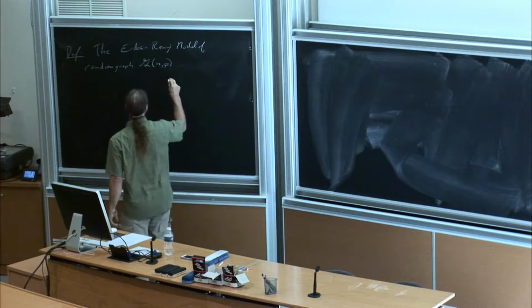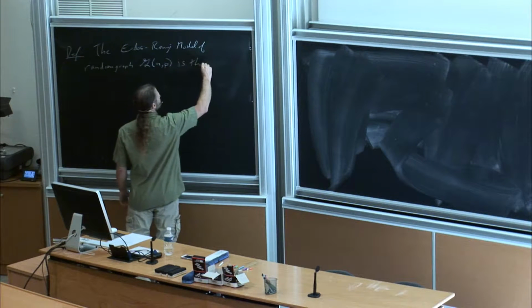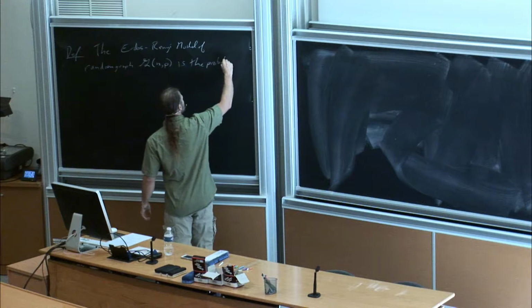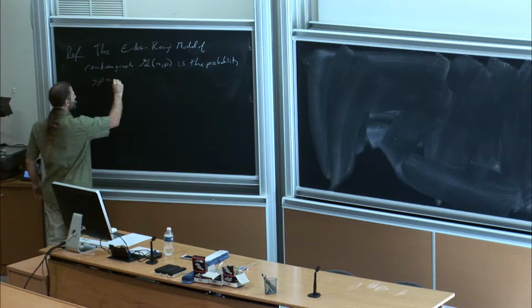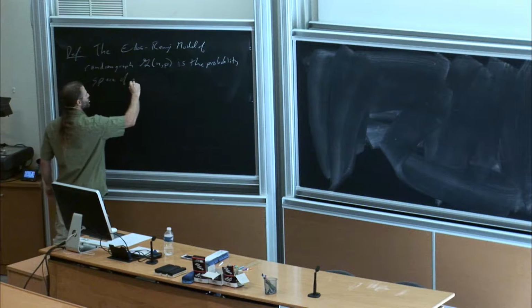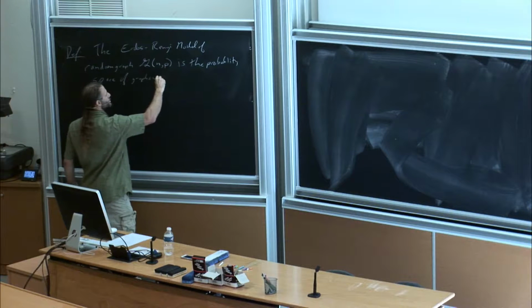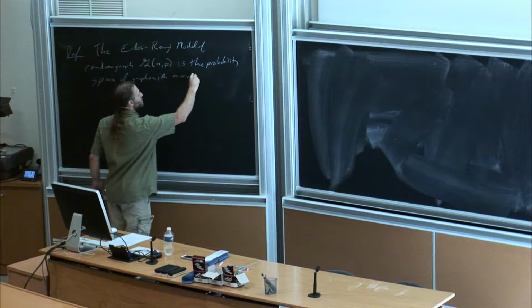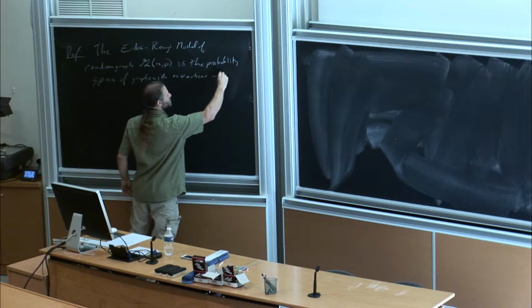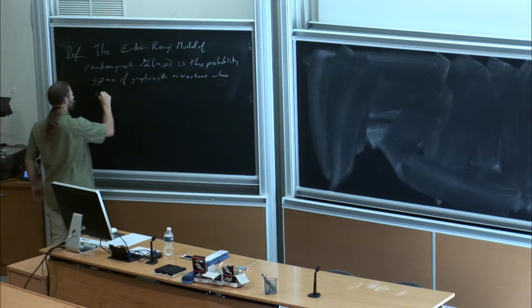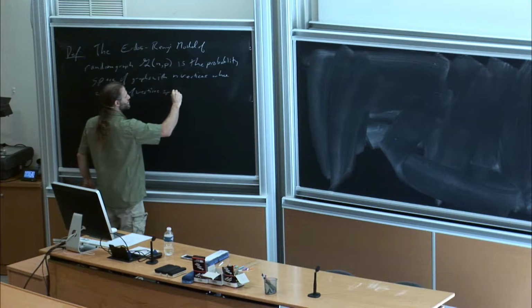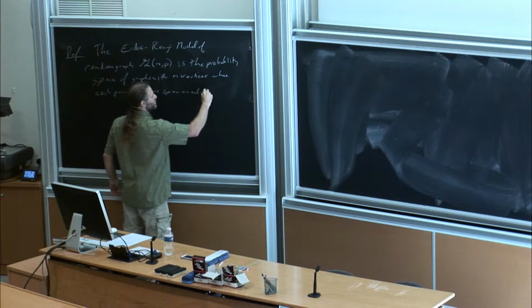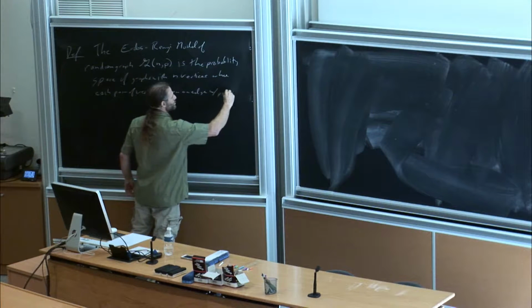So it is the probability space of graphs with n vertices where each pair of vertices spans an edge with probability p.